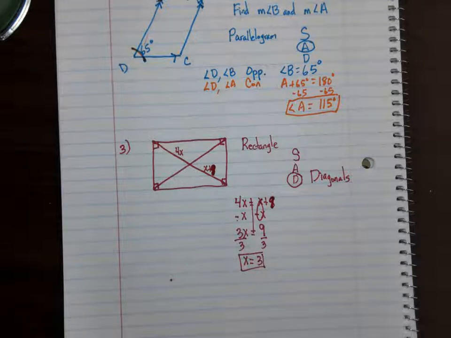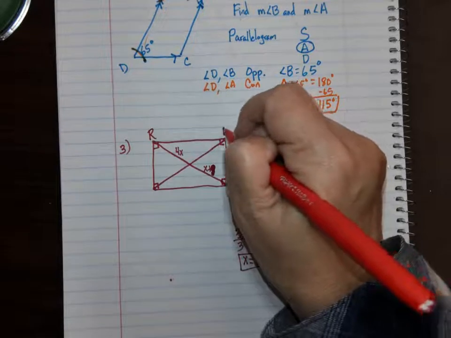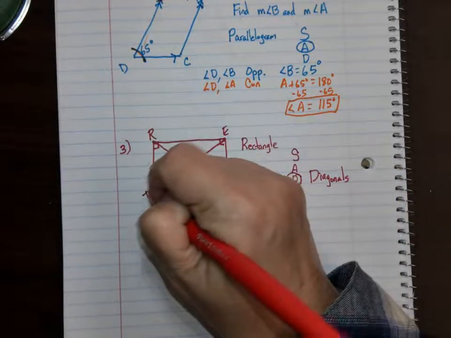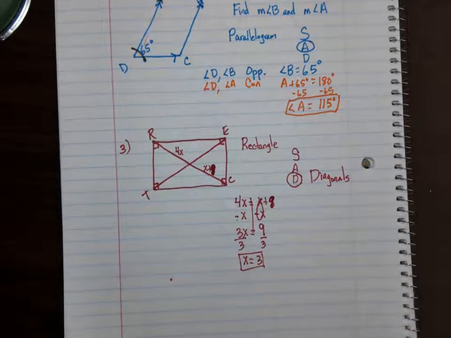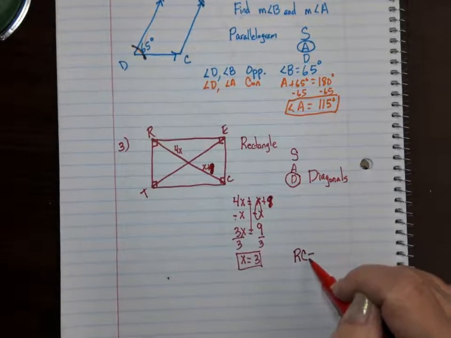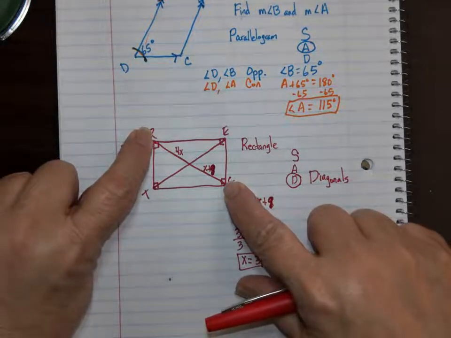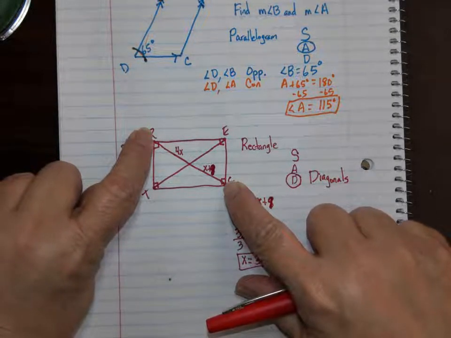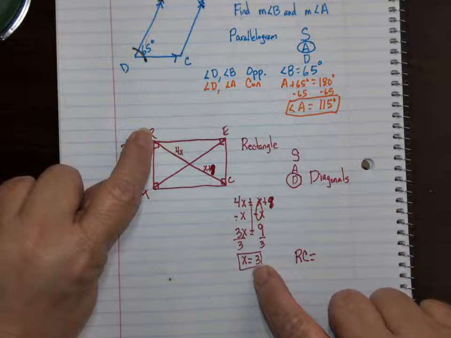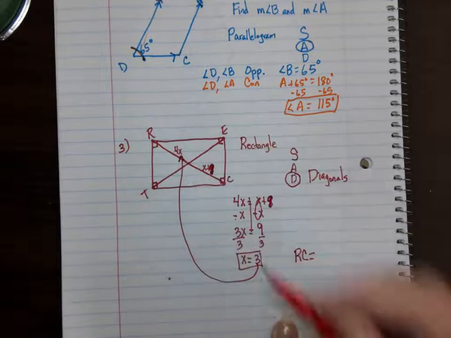Alright, let's add one more thing to this problem. Let's call this R, E, C, T. So x is equal to 3, but what if they wanted me to find RC? If I wanted to know how long it is from R to C, I would have to take my answer of 3 and plug it in, right?